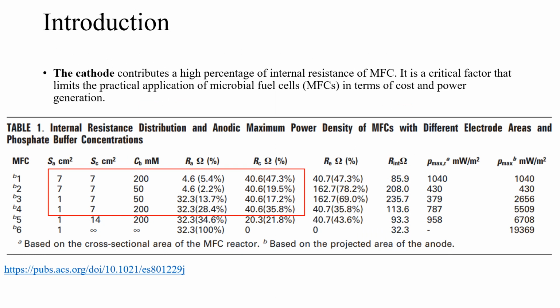From the figures that we saw in the previous slides, we can see that in both MFC and SMFC there are three main compartments, which are the anode area, the cathode area, and also the electrolyte, or the liquid contained in the cell itself. Of the three components of MFC, the cathode contributes a high percentage of the internal resistance of MFC.